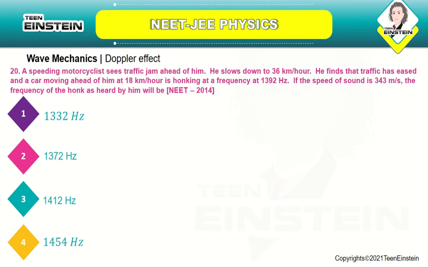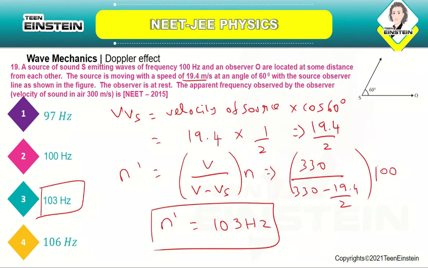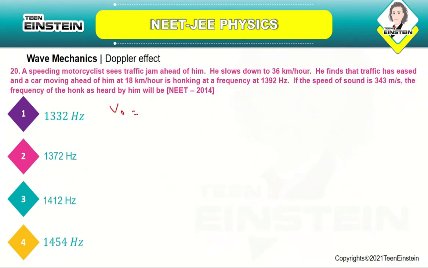Okay, so here they have given V0 equal to 36 km per hour, which is equal to 10 meter per second, and Vs equal to 18 km per hour, which is equivalent to 5 meter per second.